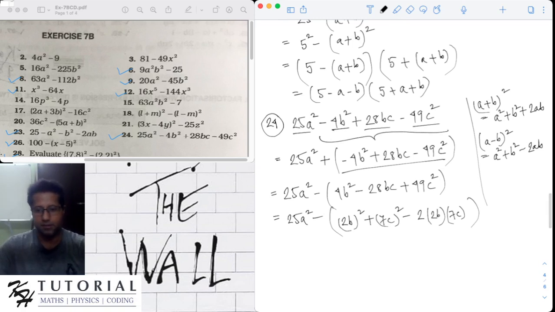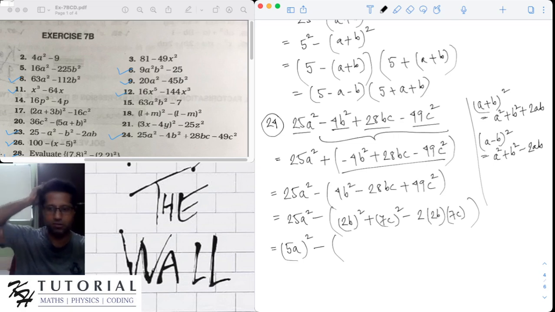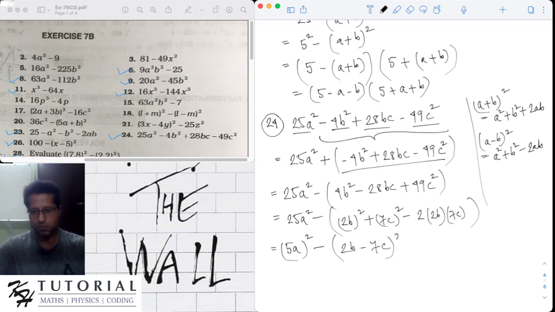Now I can see that 25a square can be expressed as the square of 5a, and I see the expression inside the bracket is of the form a square plus b square minus twice ab. So it will be a minus b whole square, that is, 2b minus 7c square.